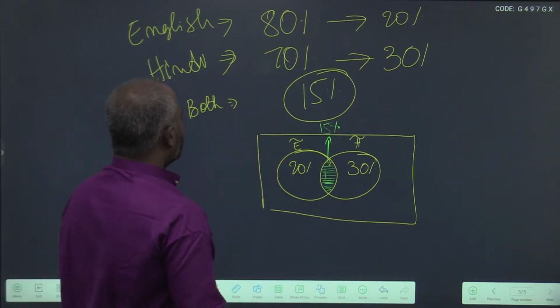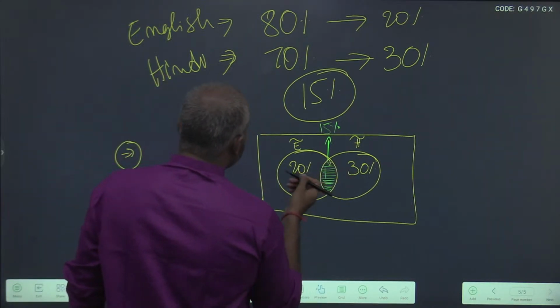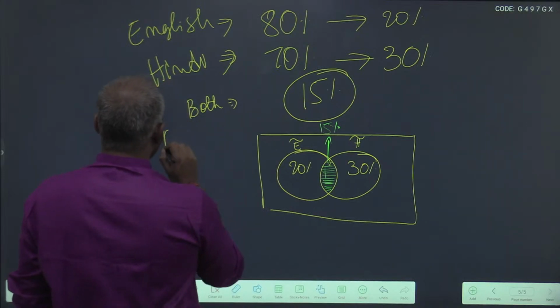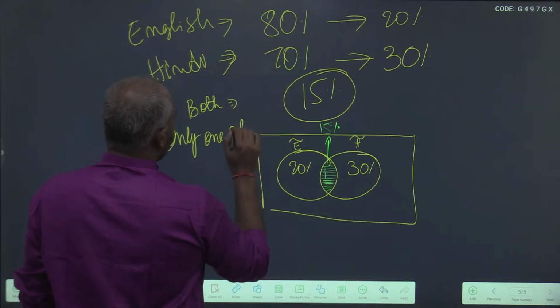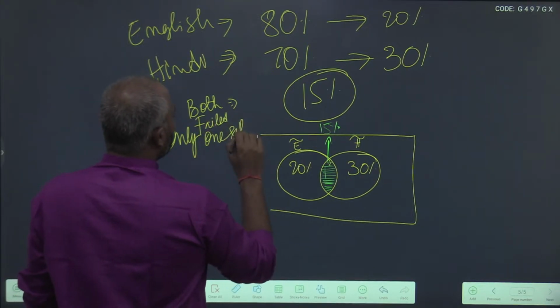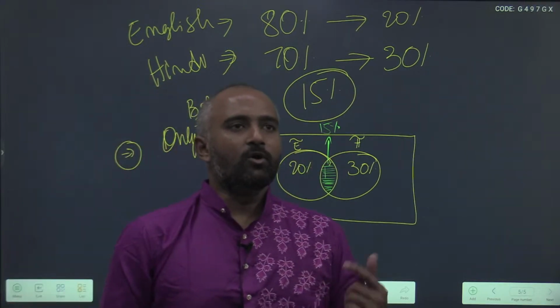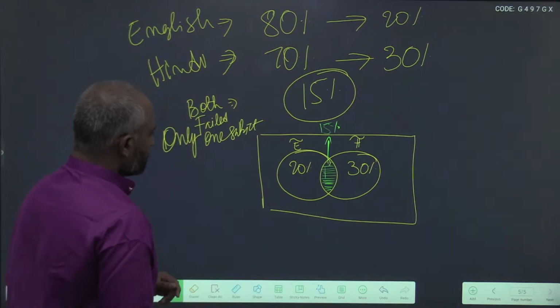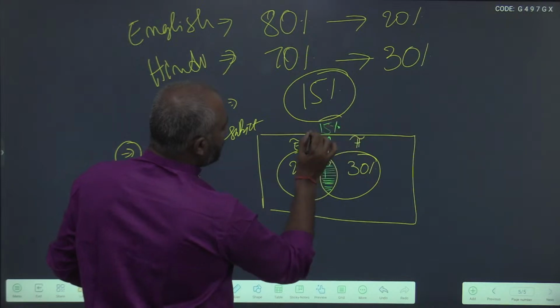Now, what was the question? He is asking how many students have failed in only one subject. So this 20% includes this 15%.